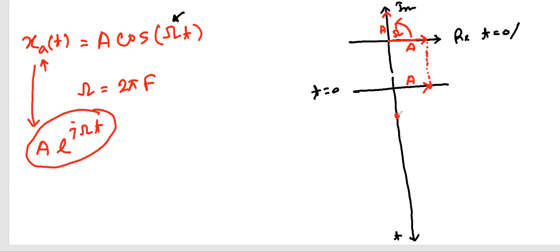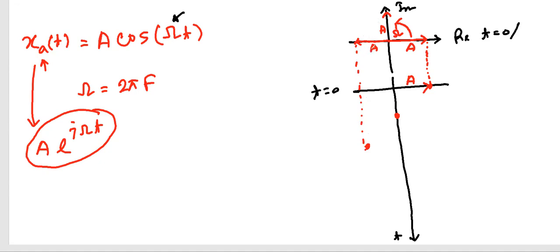Similarly, if we move a further 90 degrees to the left, we have the same amplitude A, and what is the projection on the real axis? The real part will give the maximum value in the negative direction.